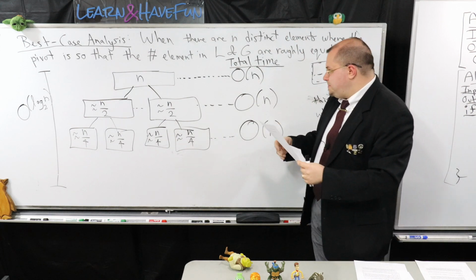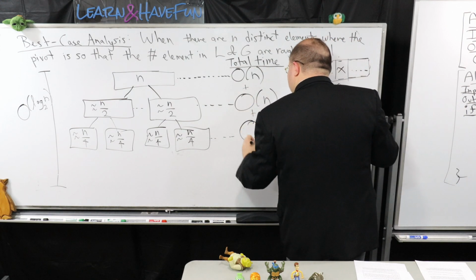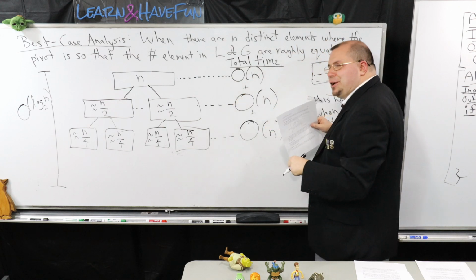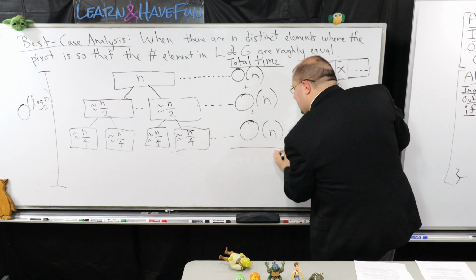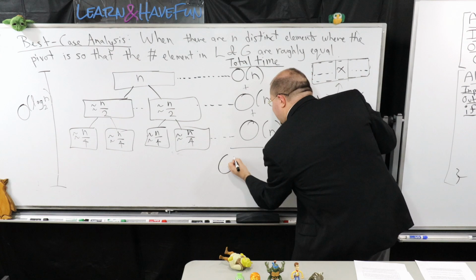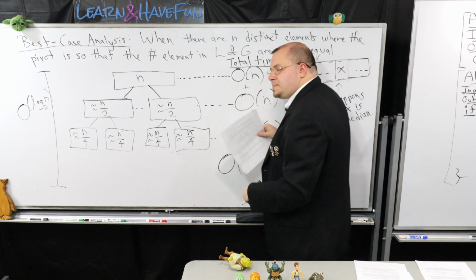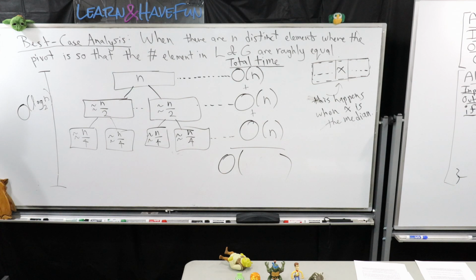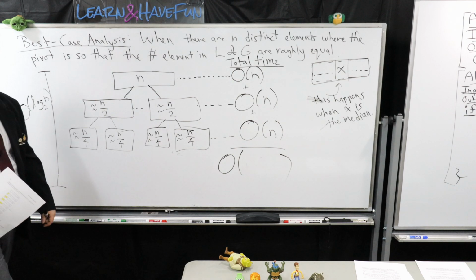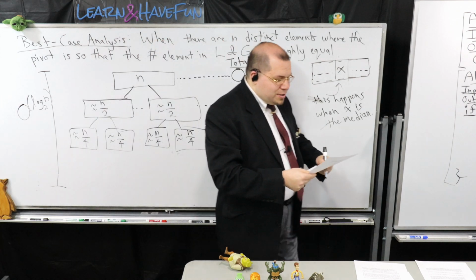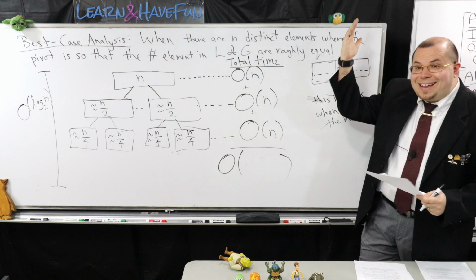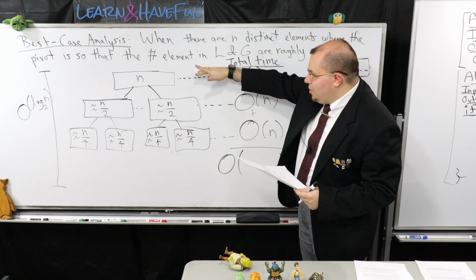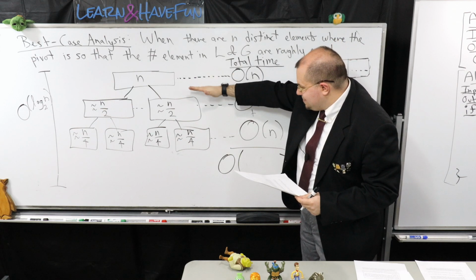But here's the thing. How many times am I adding big O of n? Can somebody tell me? What should I expect for the time complexity then? N log n, right? Notice that there's big O of log n many times these are happening.